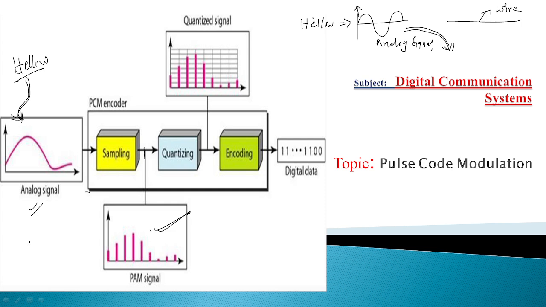And here, this signal, again by using quantization, we can convert it into digital signal. After quantization, every sample is converted into an equivalent digital code. For example, this sample has an equivalent encoding, for example this is 101, this is 110.